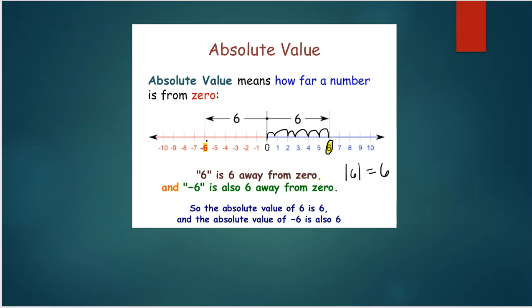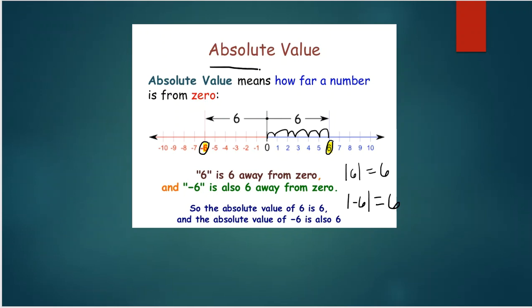Okay? Now, if we look at the number negative 6, even though this number is negative, if we count the number of spaces that negative 6 is away from 0 on the number line, negative 6 is 1, 2, 3, 4, 5, 6. Positive 6 spaces. So the absolute value of negative 6 is positive 6.